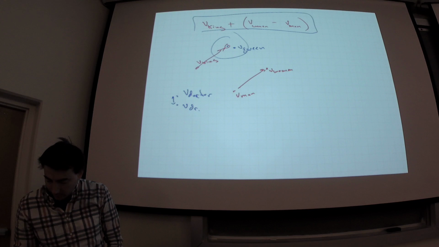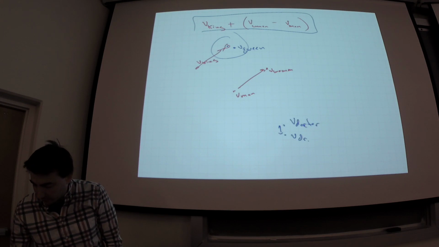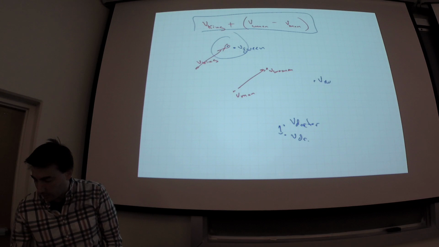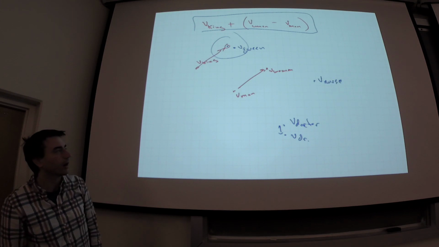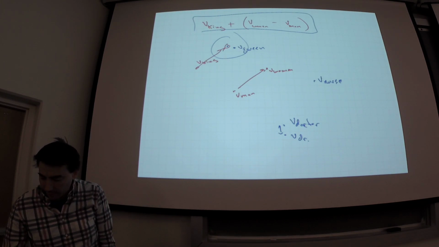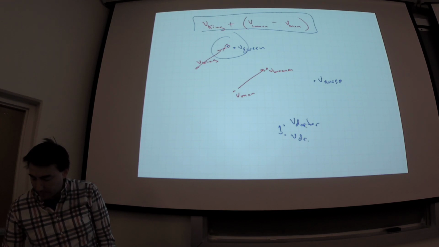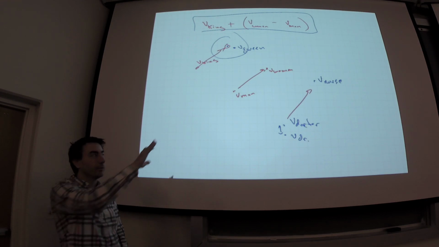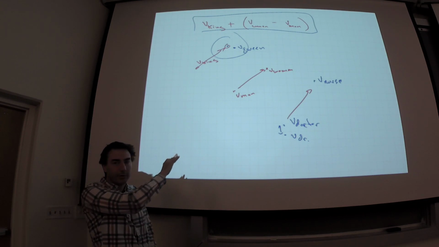Actually, if I took this, so this might be over here, and then there might be another vector, so the vector for nurse might be over here. So if I took this same vector from man to woman and I applied it on doctor, I might end up with, so it's pointing towards nurse.